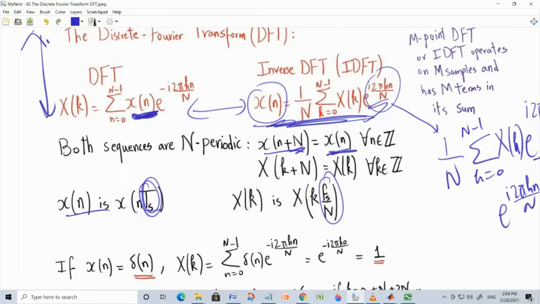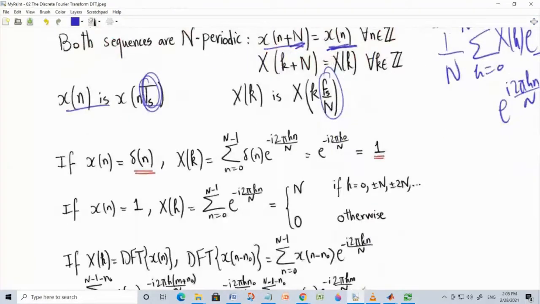What are some of the properties of the discrete Fourier transform? So small x of n and big X of k are related by these two sums. Well, you can basically apply the definitions.